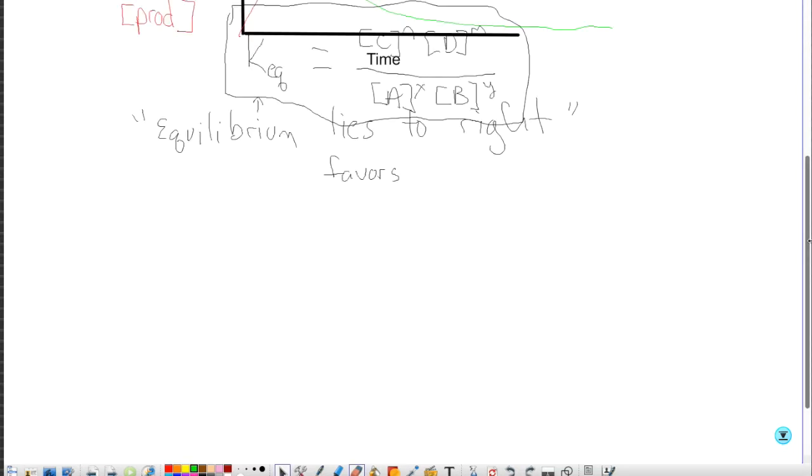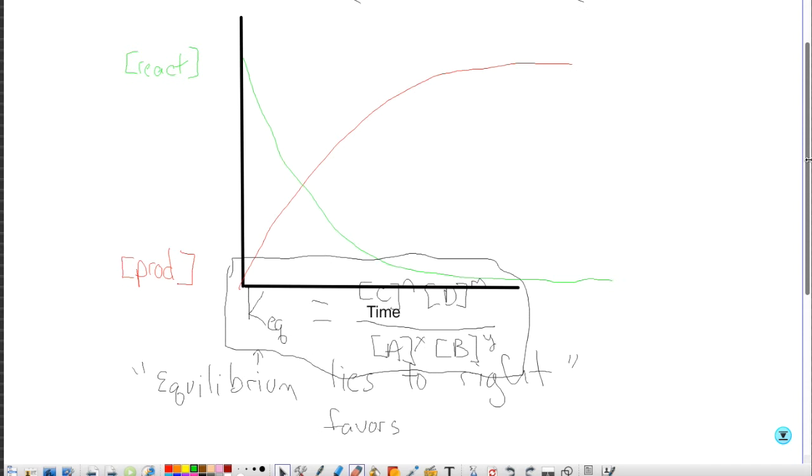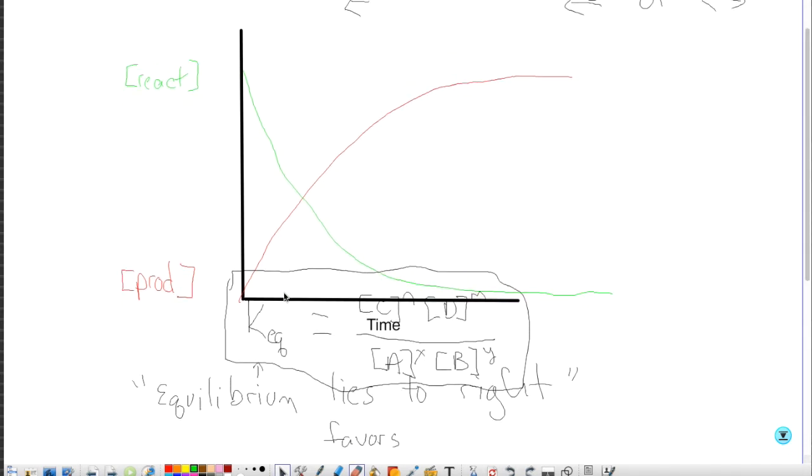Well, that's not ideal. But we'll kind of leave it there because I can't figure out how to move that now.